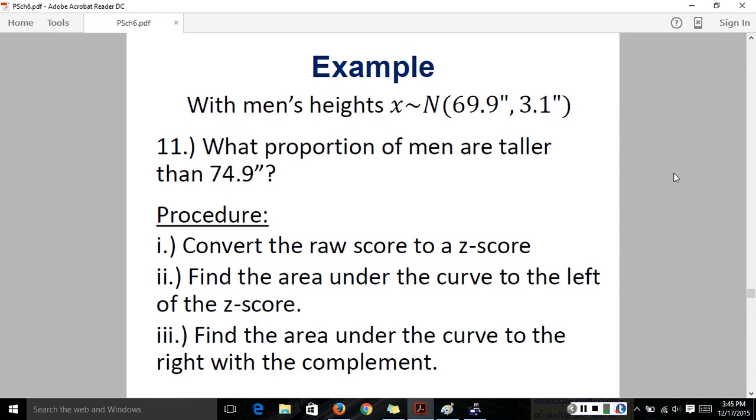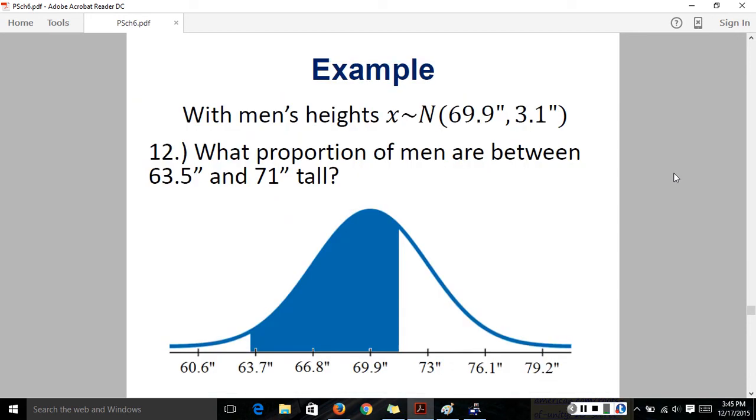Well, we've done the area to the left, area to the right. Let's do another example. The area between two raw scores, the probability of men's heights, or a man's height, being between 63.5 and 71 inches.